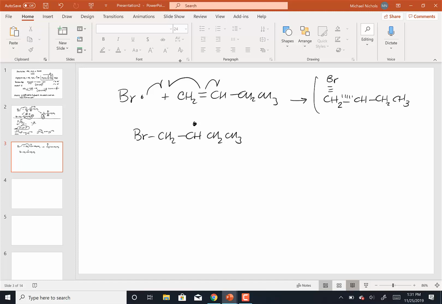And that would be the transition state. Notice that there's no delta dots in this mechanism. Sometimes we do have a delta dot, but it's not in this case. All there is are the bonds that are being made and broken. No charges, because there's no charges.